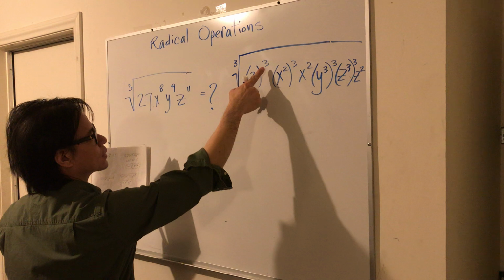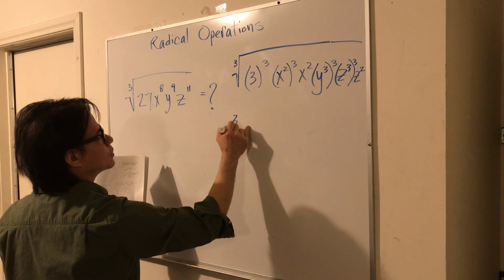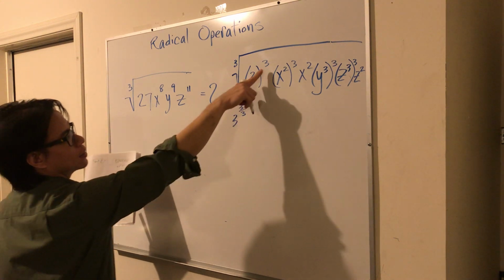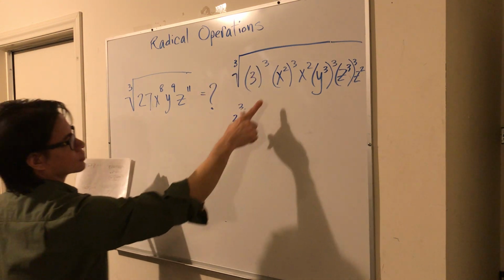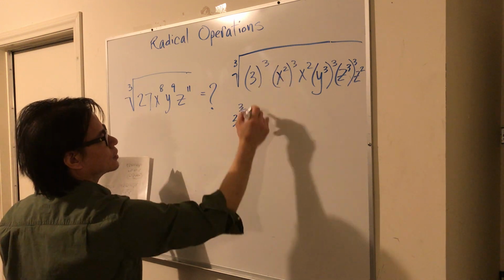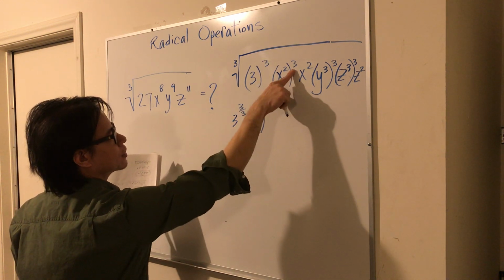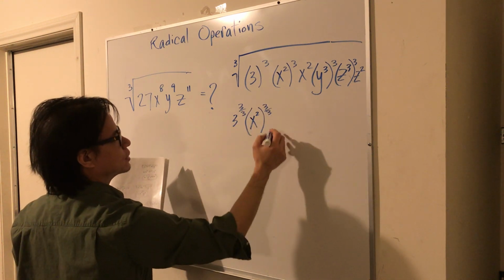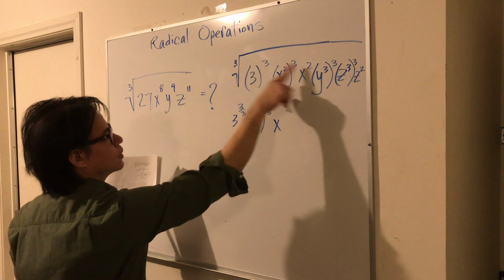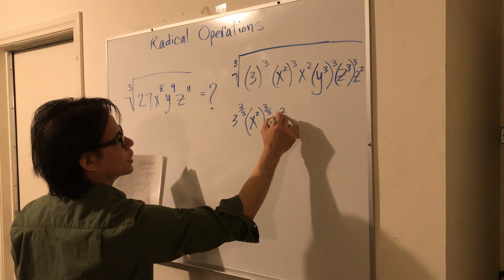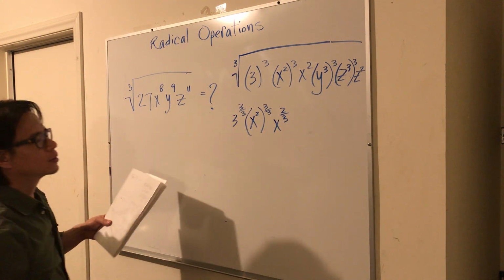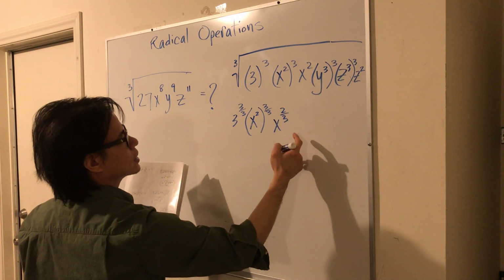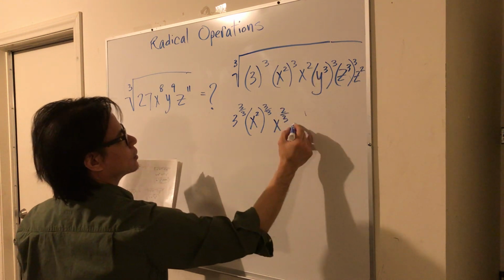So you can write this as 3 to the 3rd over 3. Okay, so 3 is the base, to the 3rd over 3. You have x to the 3rd over 3, and then you have just x squared over 3, so x to the 2/3, and then you have y to the 3rd over 3.